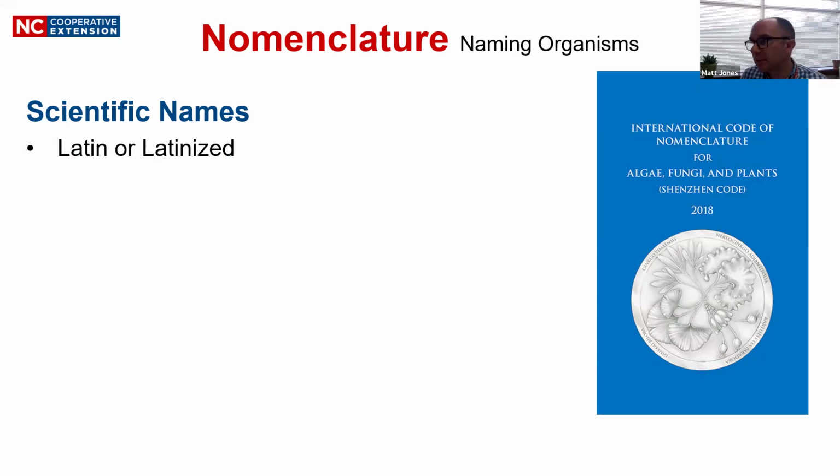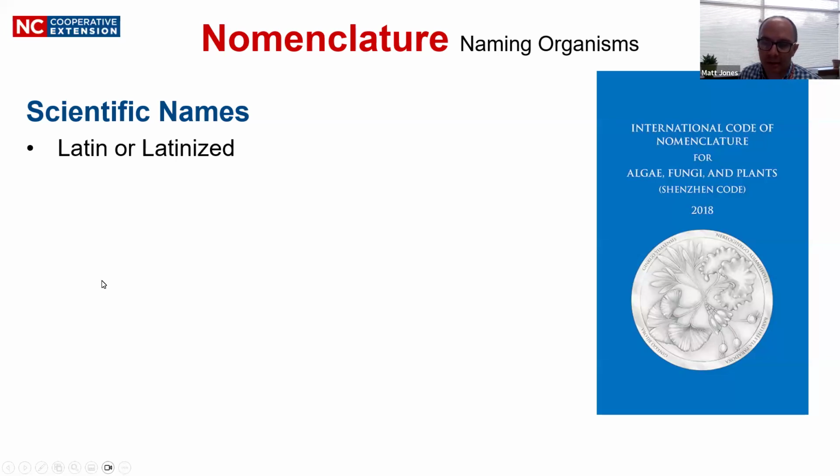In the case of plants, this organization used to be called the International Code of Botanical Nomenclature, the ICBN. But the algae and fungi folks were getting a little bit insecure, so we renamed it the International Code of Nomenclature for Algae, Fungi, and Plants.